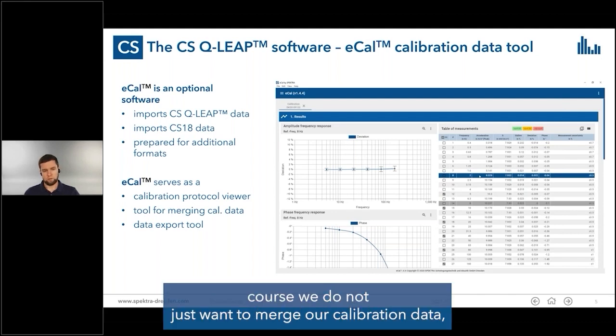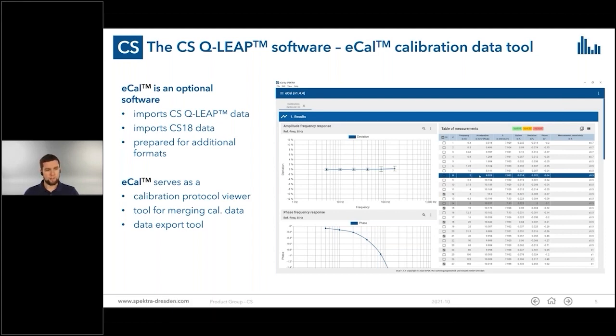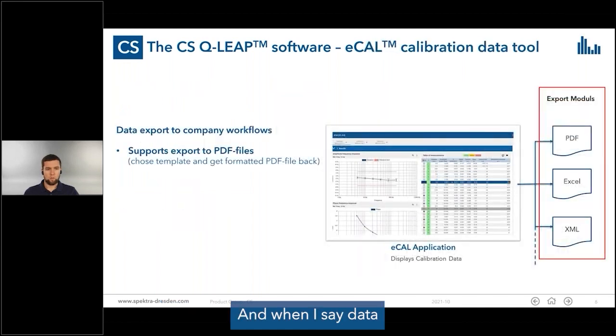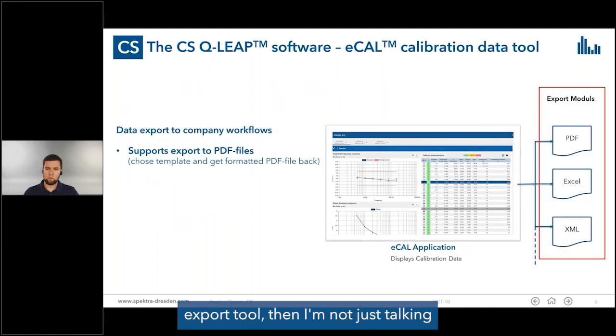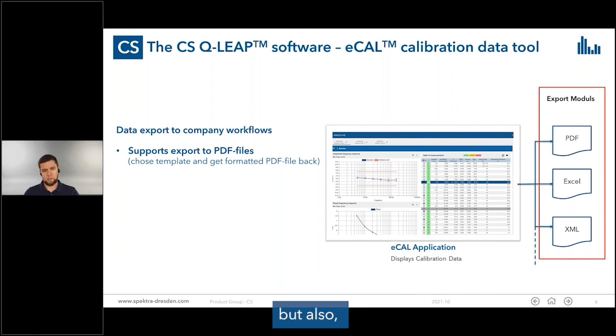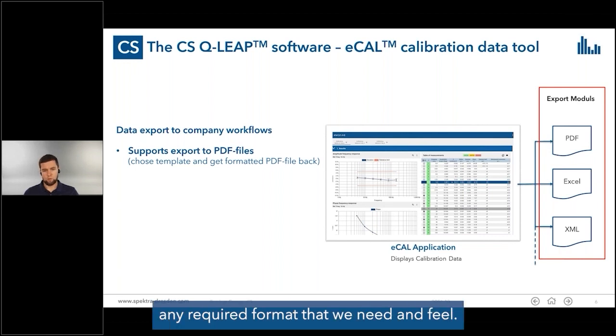And of course, we do not just want to merge our calibration data, we also want to generate some kind of protocol file in the end. So eCal also serves as a data export tool. And when I say data export tool, I'm not just talking about the generation of calibration protocols, but also just merging the data and giving them out into any required format that we need in the field.